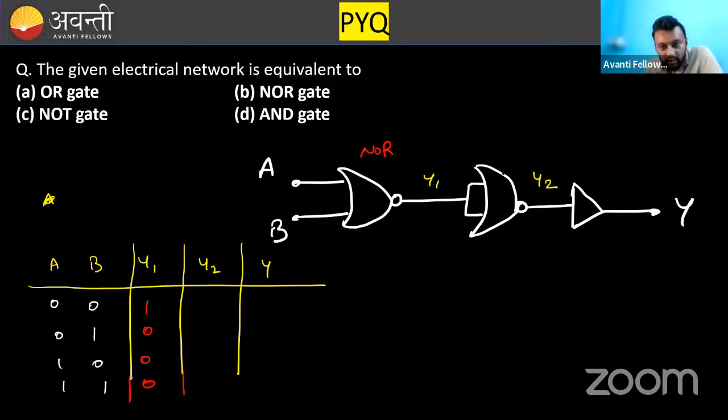Now, this is again a NOR gate. This is again a NOR gate. Now, in this situation, what will be the output for NOR gate? Can you see that both the inputs of this NOR gate are same? Both the inputs are same. You can clearly see that.